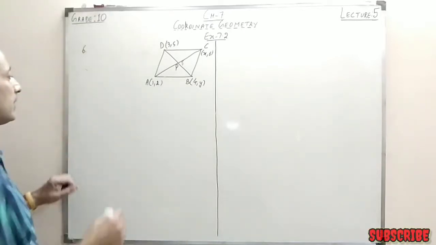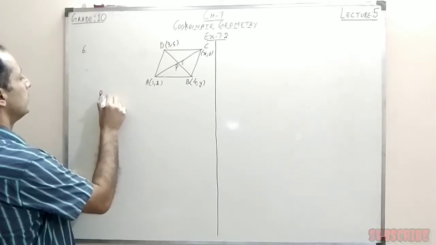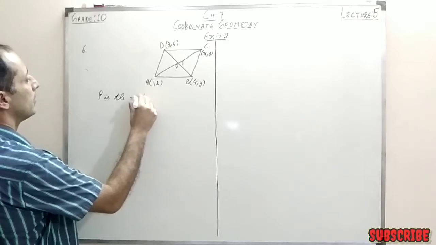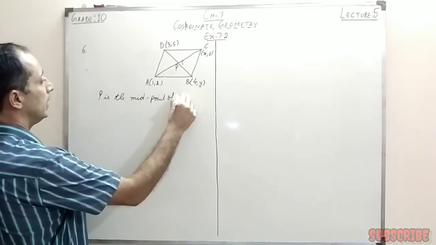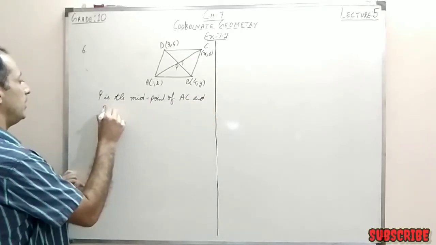Let's see how we will proceed now. First of all, we say P is the midpoint of AC and BD both.